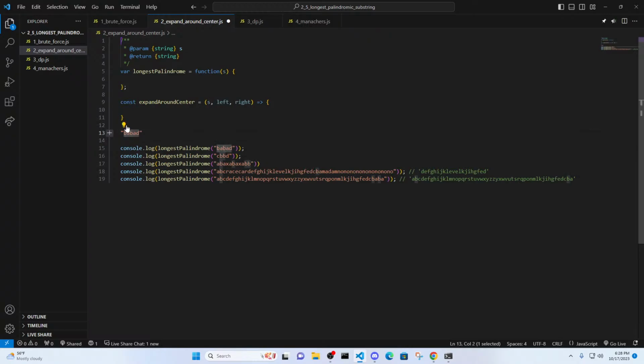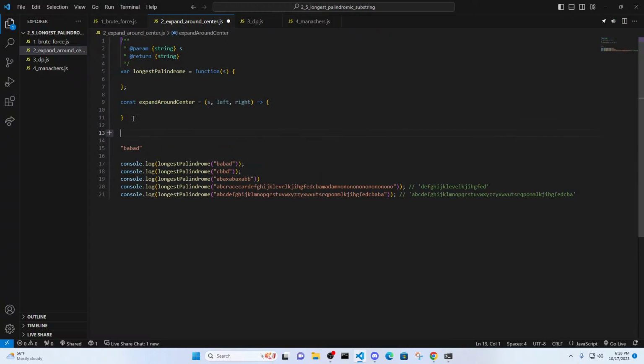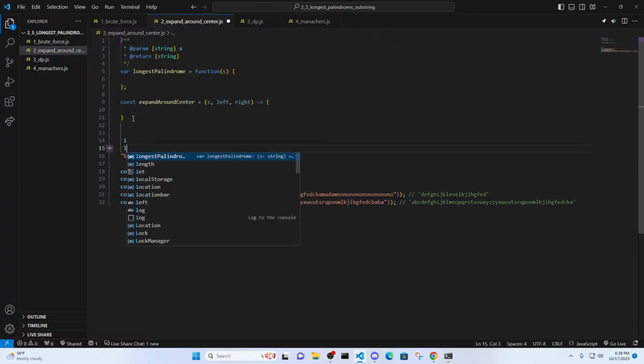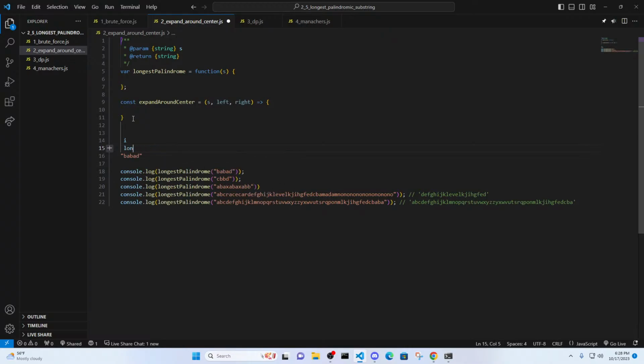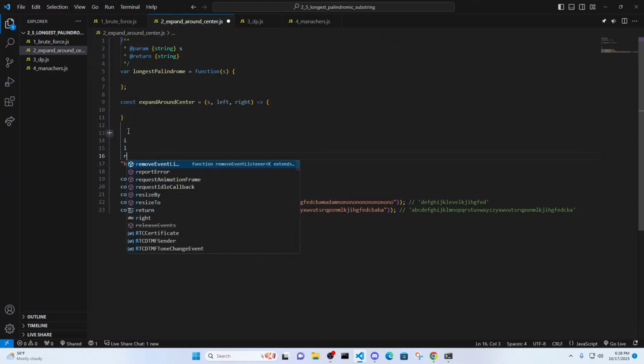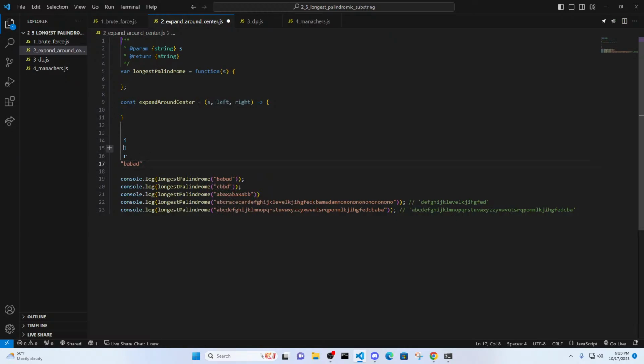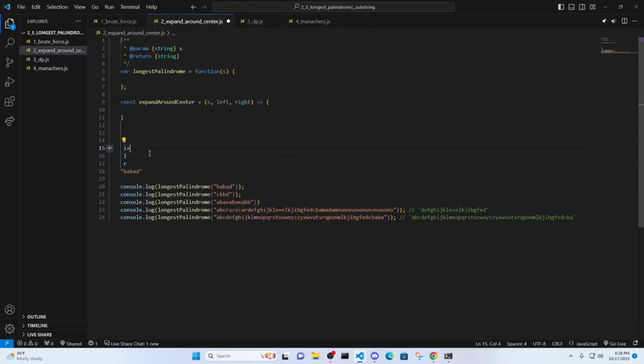So if we start with B, let's just say when we first start, we're going to have i, we're going to have left, and we're going to have right. At this point, we're also going to have i plus 1 to account for evens. The first thing we're going to do is check to make sure that the length of the string is greater than 1.